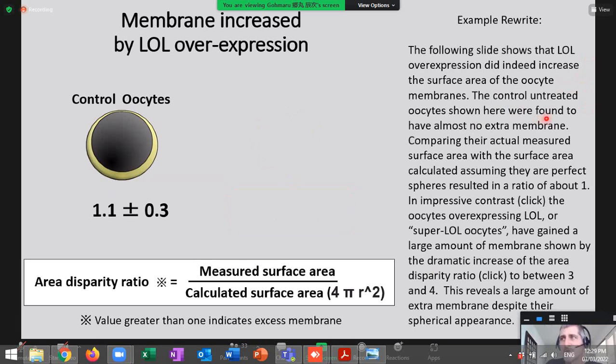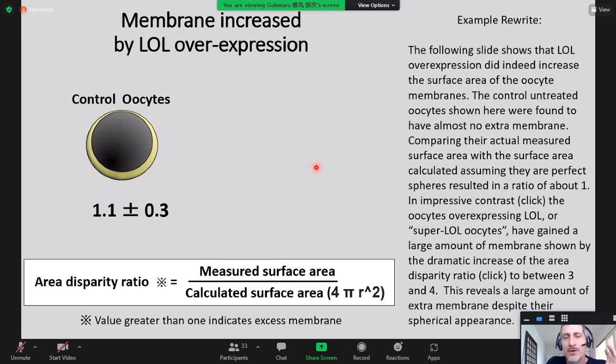And we say first, they were found to have no extra membrane, the answer first, and then I explain how to see in the data that there is no extra membrane by looking at the ratio of actual membrane and the assumption that there is no membrane. And since the ratio is 1, it's equal.